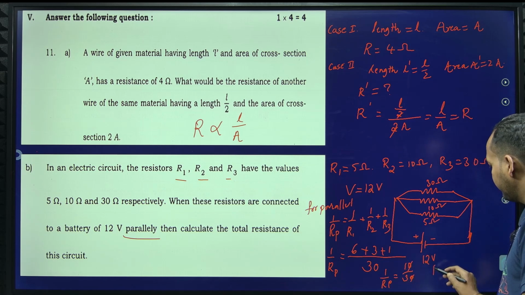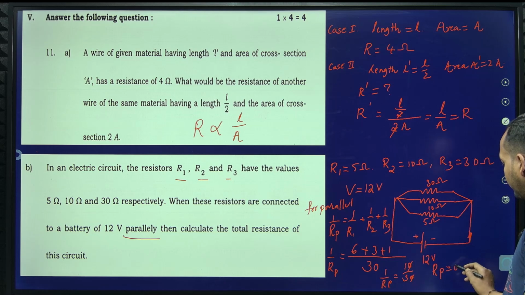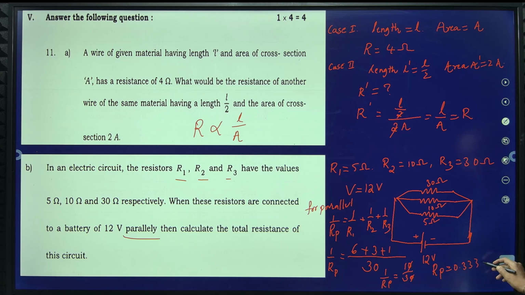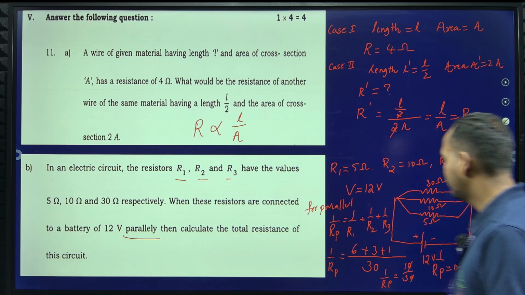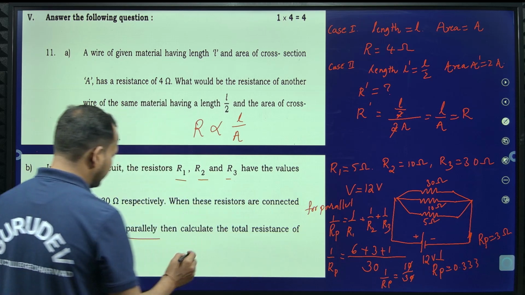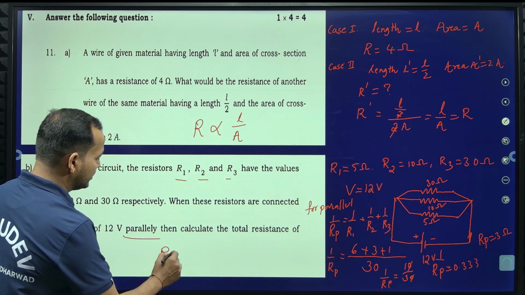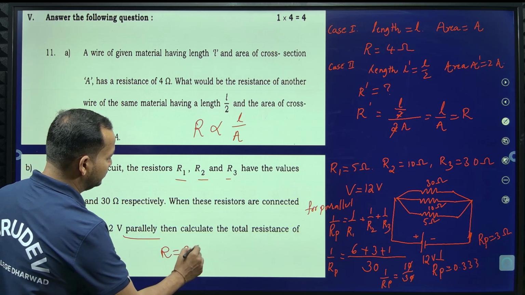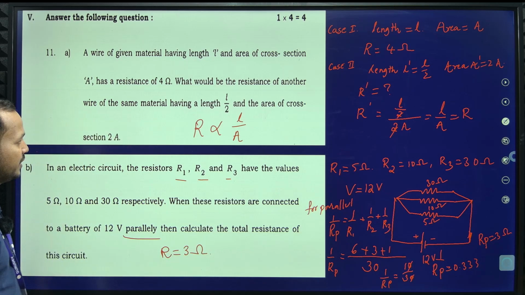So 1 by Rp is 0.333, and Rp, the resistance in parallel, is 3 ohm. Okay guys, so you get the answer as resistance 3 ohm.